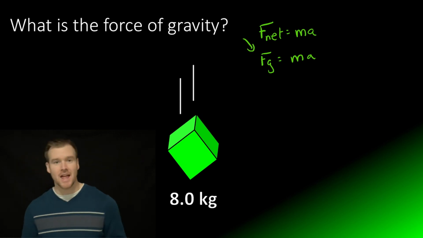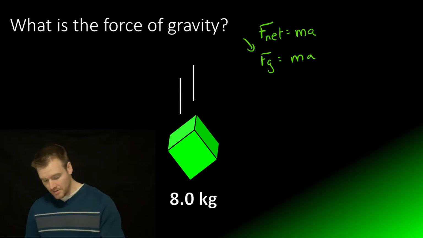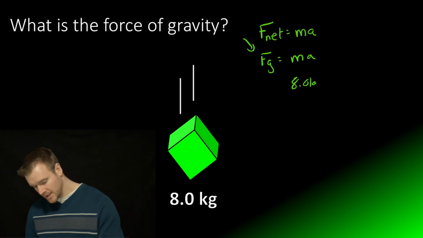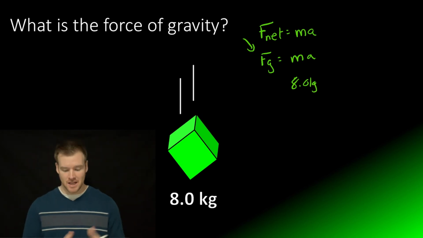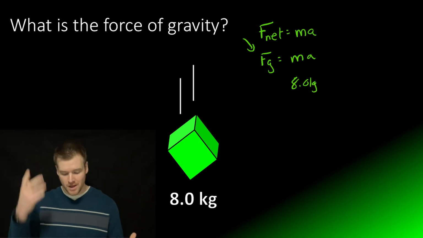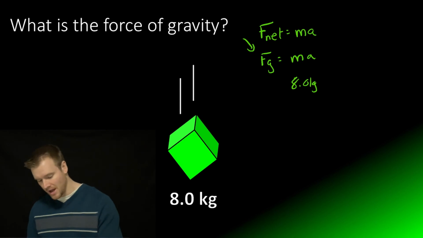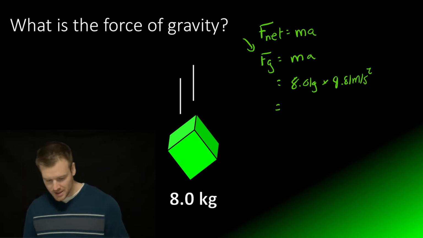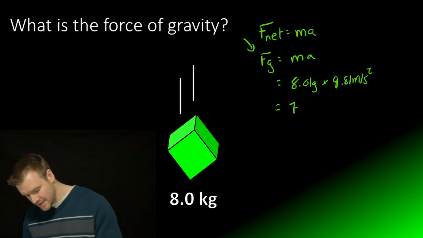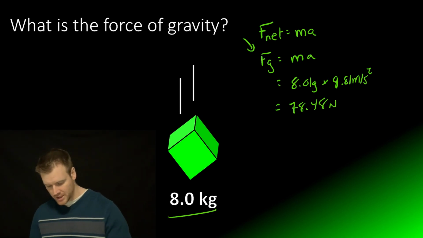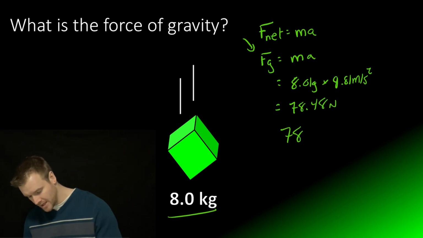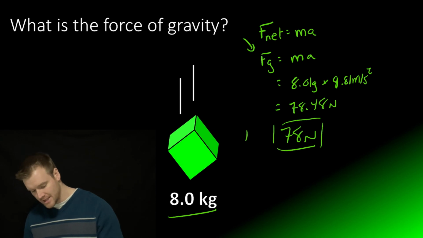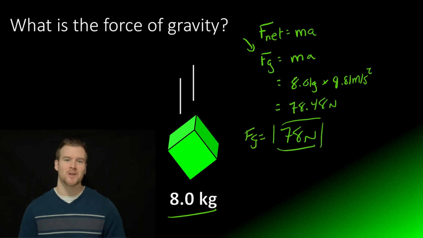What is that force of gravity? Well, I know the mass is 8.0 kilograms. Now I need to know the acceleration, which we do know that on Earth, things will be accelerating at 9.81 meters per second squared. So I multiply by 9.81 and I get the force to be 78.48 newtons. If I only had 2 digits, I would just round this to 78 newtons as the gravitational force.